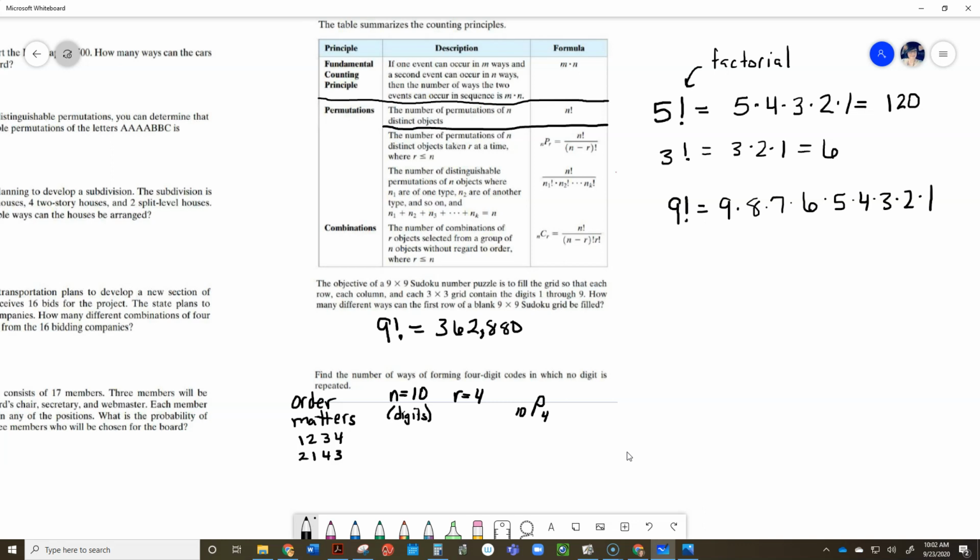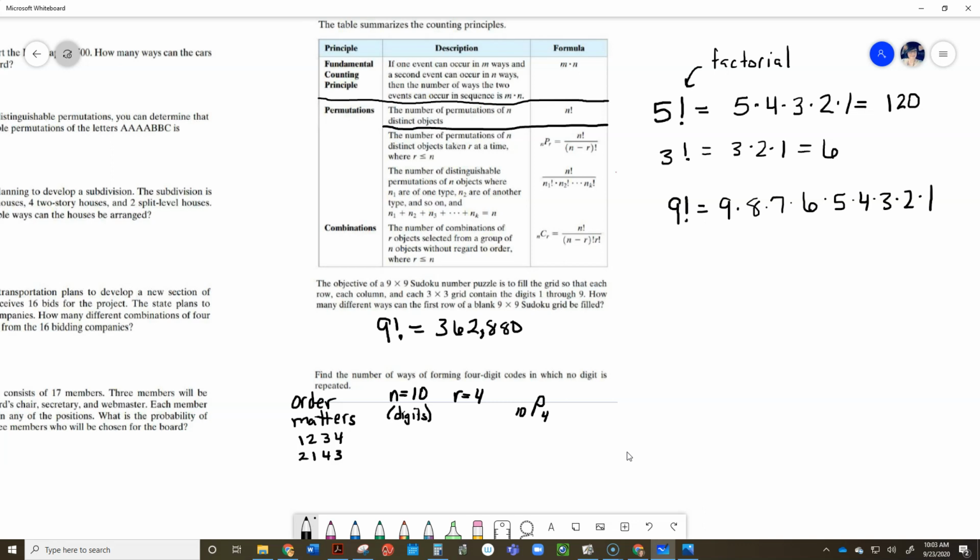but I know that that is a little bit confusing for people when I use the word choose because they associate the word choose with this letter C. And that's not really the case because both of these are 10 choose 4. This one could be 10 choose 4. And the only difference is that with the permutation order matters, with a combination it doesn't.